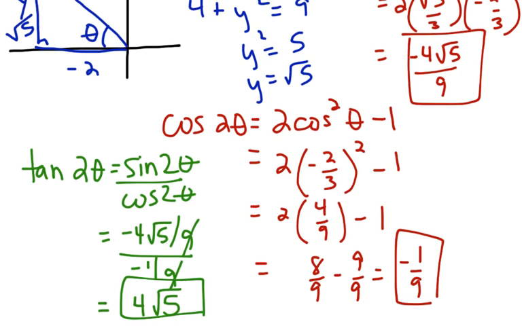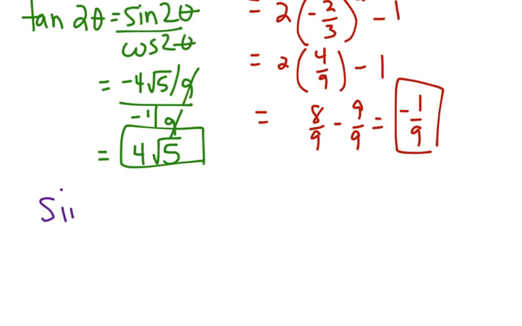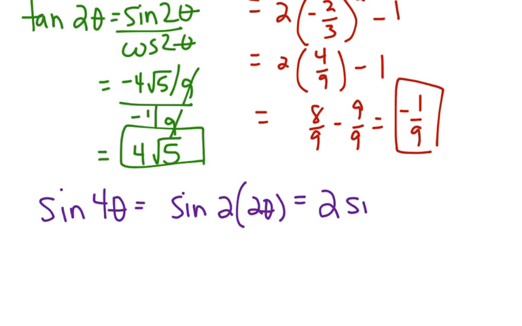The last thing that we're going to do is the sine of 4 theta. To do that, we're going to rewrite this as the sine of 2 times 2 theta, so it looks like the double angle formula. Well, it is, because what I'm going to do is 2 times the sine of 2 theta times the cosine of 2 theta.